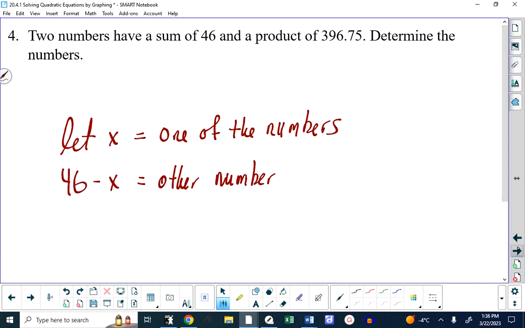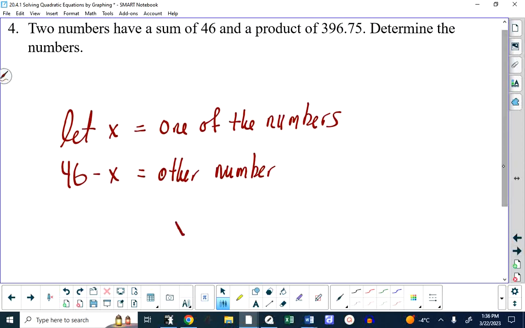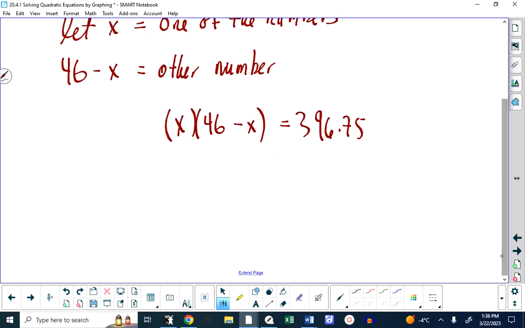And now we can build an equation. The equation is one number times the other number has to be equal to 396.75. Let's simplify the left-hand side. I get 46x minus x squared equals 396.75.